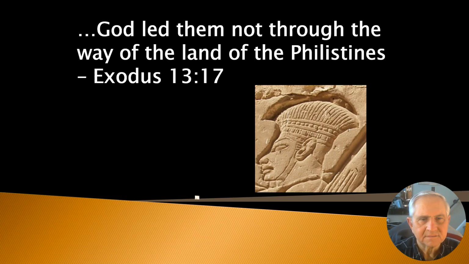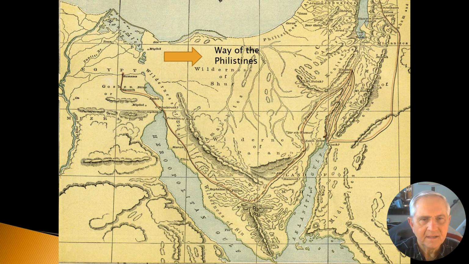In Exodus 13:17 it says, God led them not through the way of the land of the Philistines. Let's take a look at a map so we can see more about that. So the way of the Philistines from Egypt, here there's Migdol, and then they travel across here to the end point of Gaza, and it's called the way of the Philistines, but in ancient Egypt it's called the way of Horus, and they would build forts every day's journey.